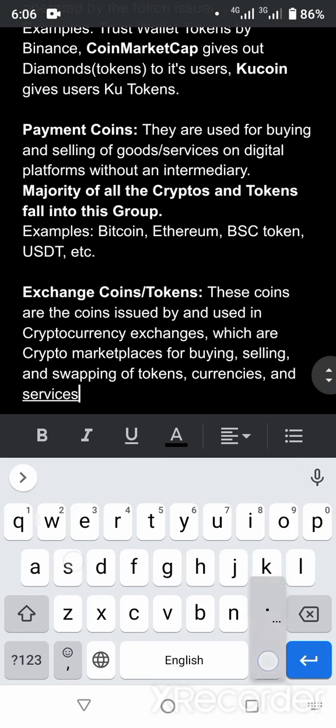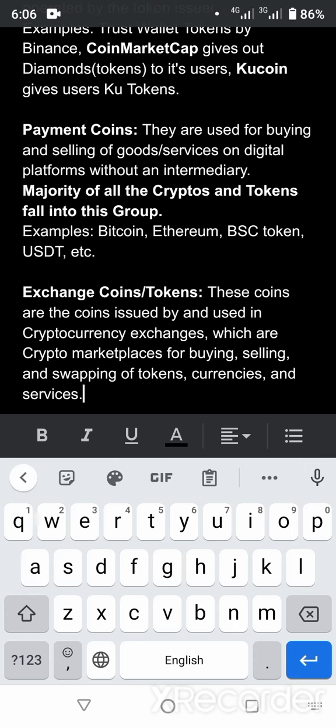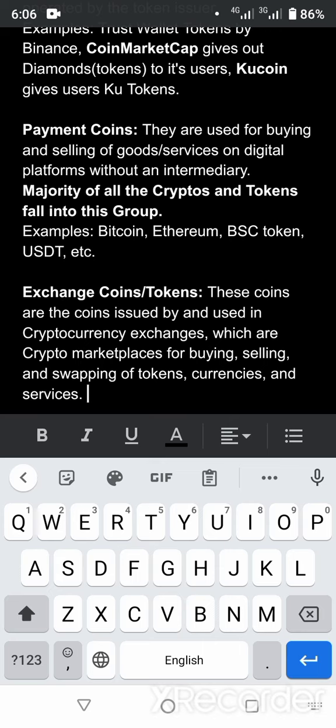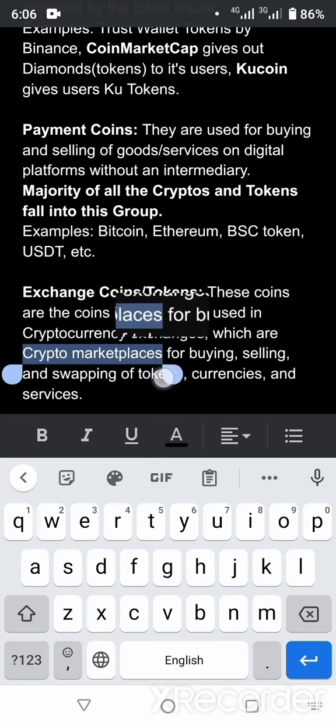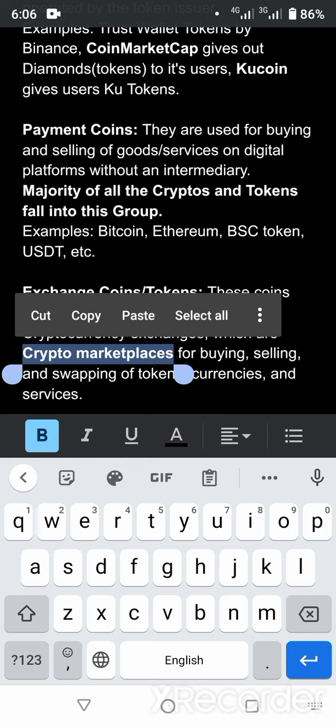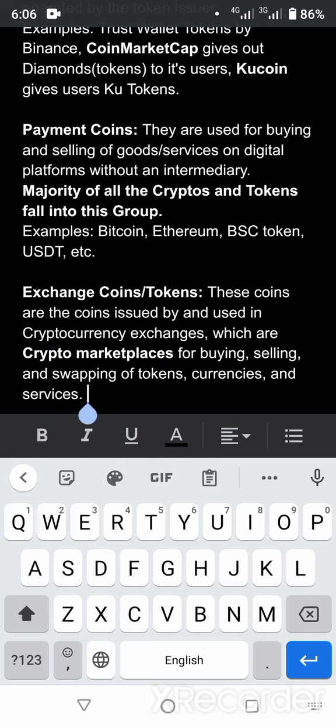Let me put services here. Let me emphasize on crypto marketplaces. Let me put this in emphasis. These are just what exchange coins or tokens are.